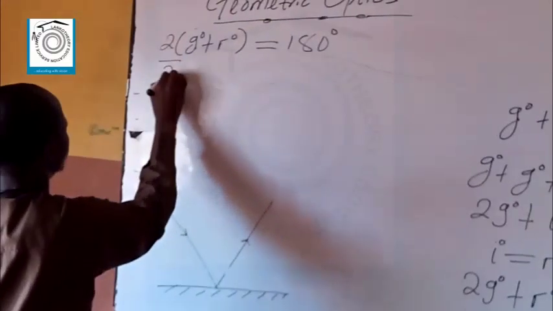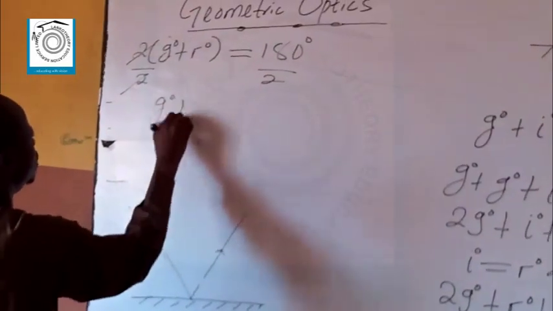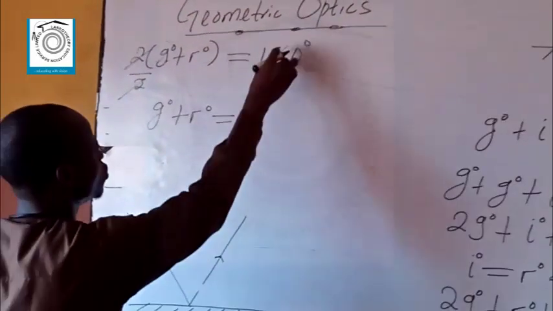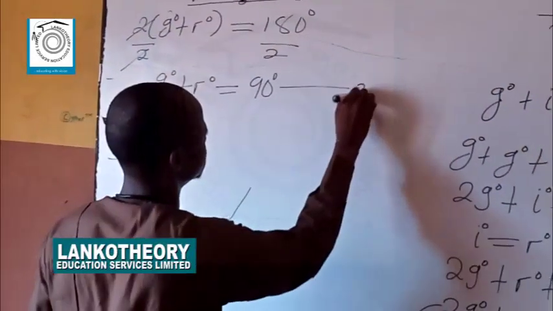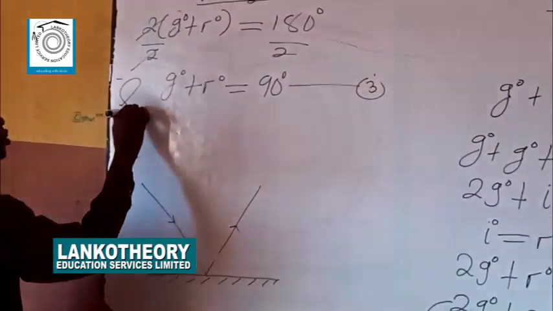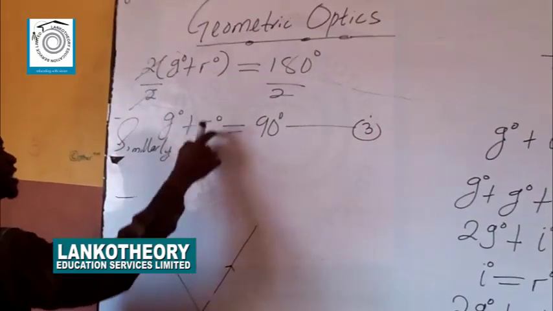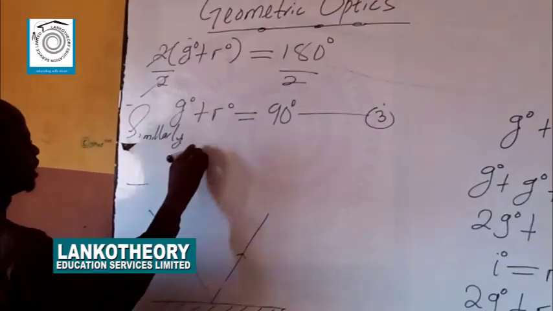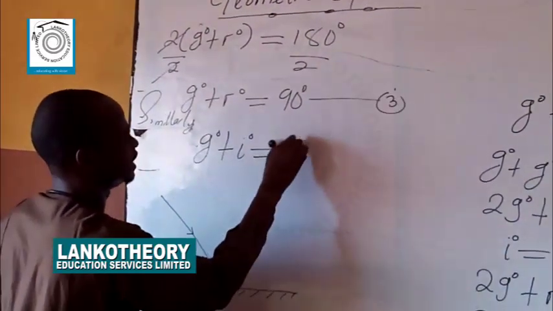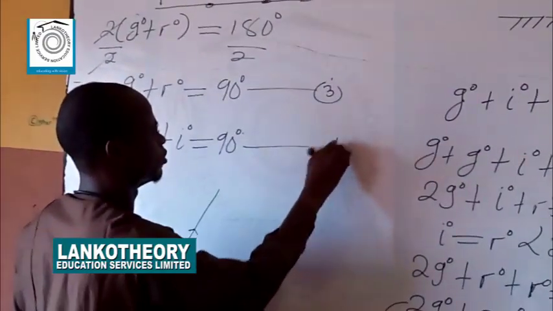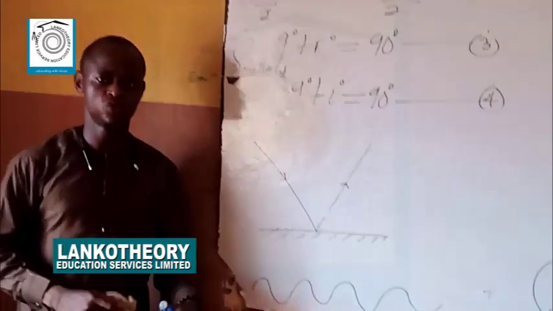If I divide both sides by 2, the 2 will cancel away, and we have G degree plus R degree equal to 180 over 2, which gives 90 degrees. We can call this equation 3. And similarly, since you have already said that the angle of reflection is the same as the angle of incidence, we can say G degree plus the incident angle is equal to 90 degrees. This is equation 4.